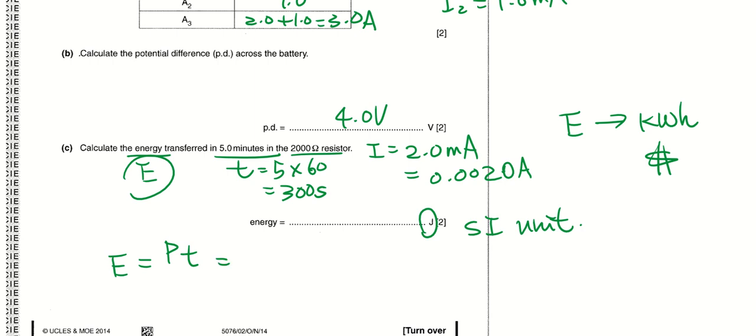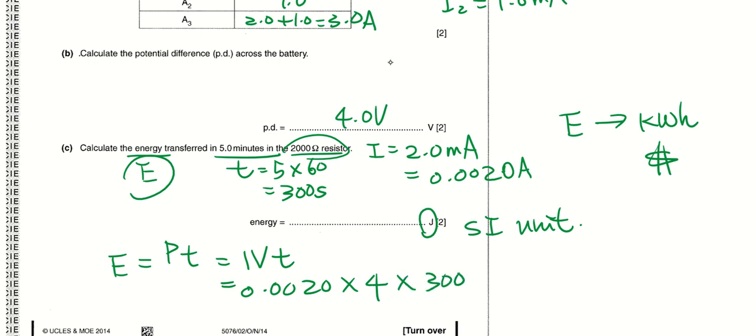But power in the electrical sense is IV, multiplied by T. So I have my current in the 2000 ohm resistor, 0.002, multiplied by the potential difference across it, which is 4, multiplied by time of 300. I will get a value of 2.4 joules.